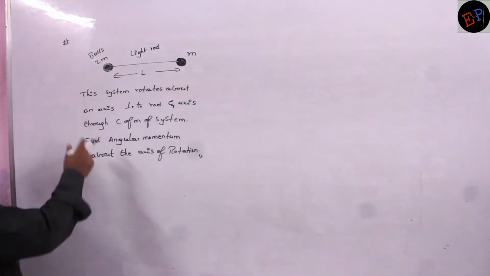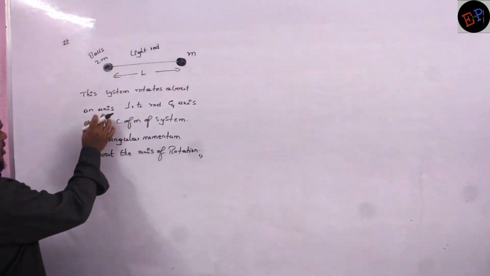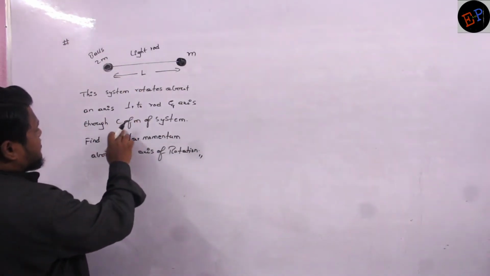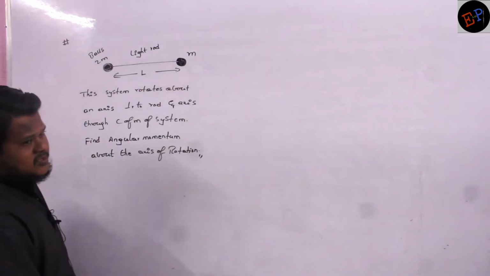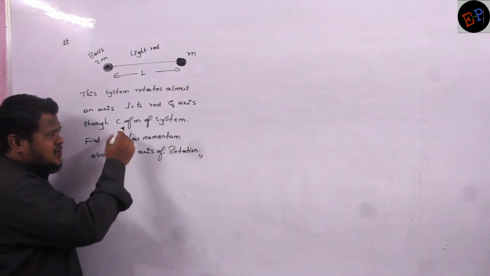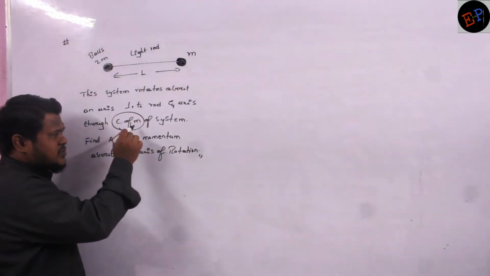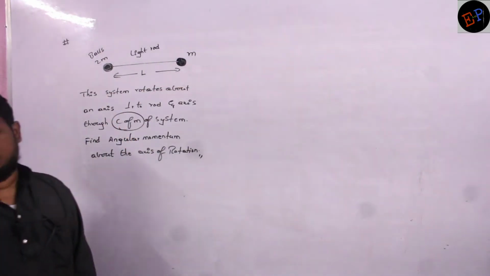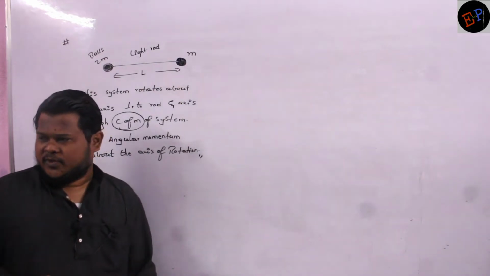Clear now? And this system is rotating about an axis perpendicular to the rod and axis passing through center of mass of the system. It means first of all I am supposed to calculate what? I am supposed to calculate where is the center of mass of this system. Without a center of mass I cannot do this problem. Okay?